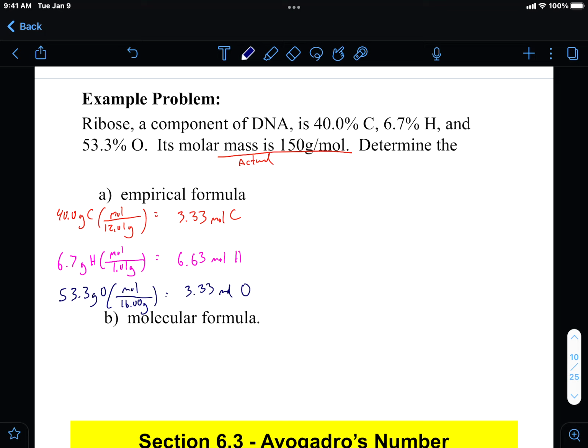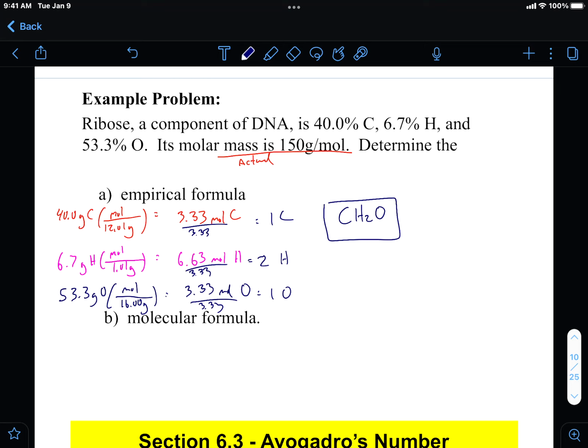What is my ratio? What is my empirical formula just by looking at this? Because the lowest number is 3.33. So if we divide everything here by 3.33, you get 1 C, 2 H's, and 1 O. So CH2O. This happens to be the formula for seawater. Next time you go swimming in the ocean, just think CH2O.